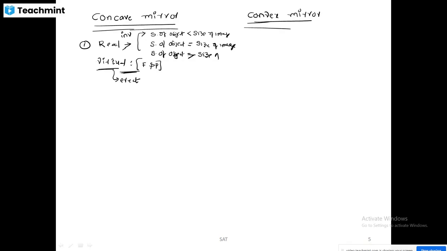So all cases are possible. We need to remember it, it's very important for concave mirror.